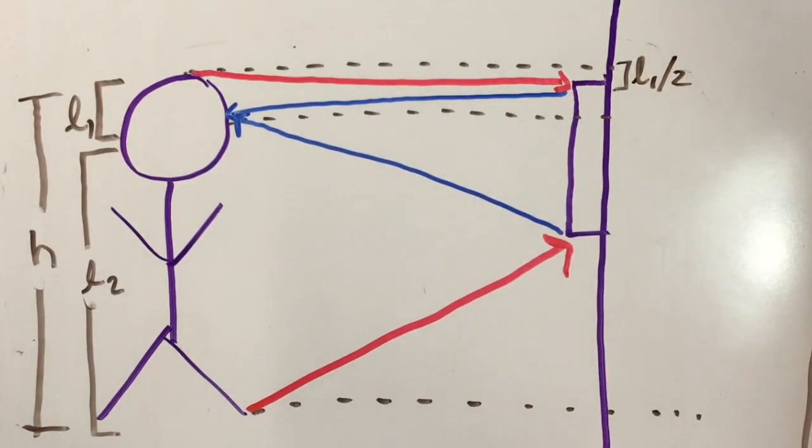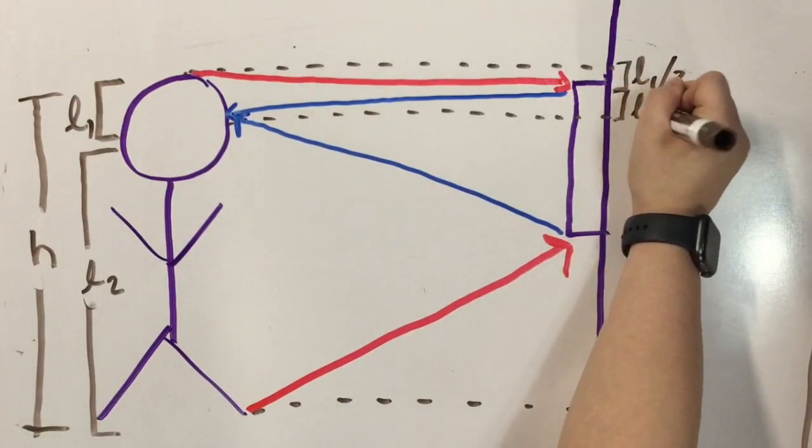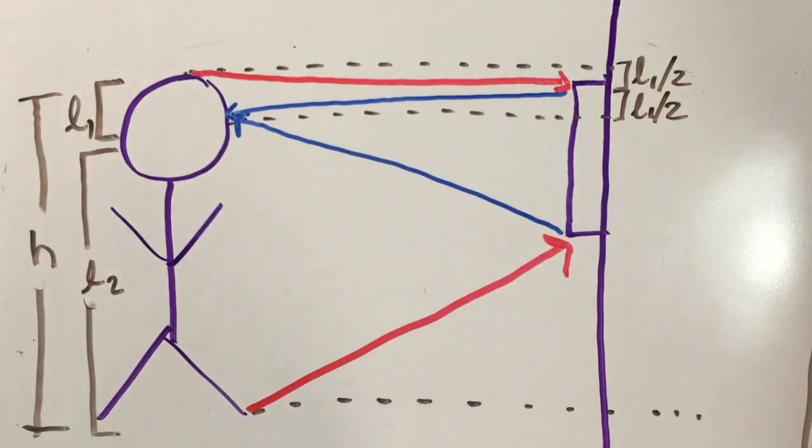That's half of that distance, which means that the rest of it from the mirror down is L1 over 2 as well. So if it hits the mirror at the exact top point of it, that's halfway down. I didn't draw that exactly right, but that's what we're trying to look at.